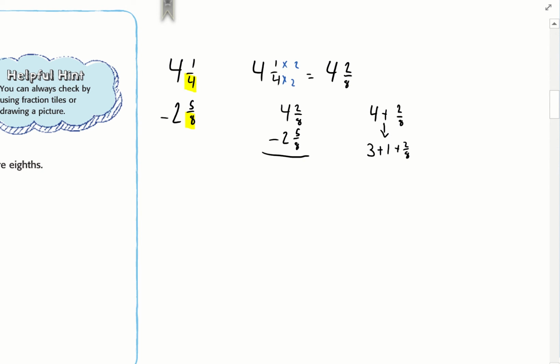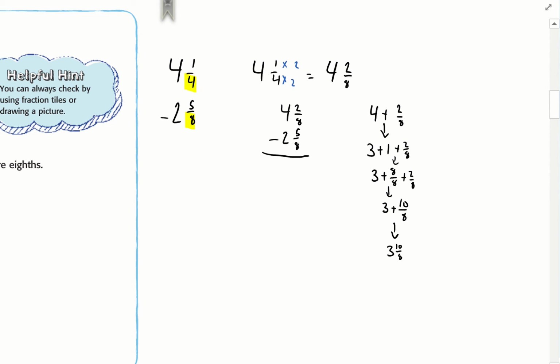My 1, I can rewrite as a fraction. So I have 3 plus 8/8 plus 2/8, and that's going to turn into 3 plus 10/8, which turns into 3 10/8.